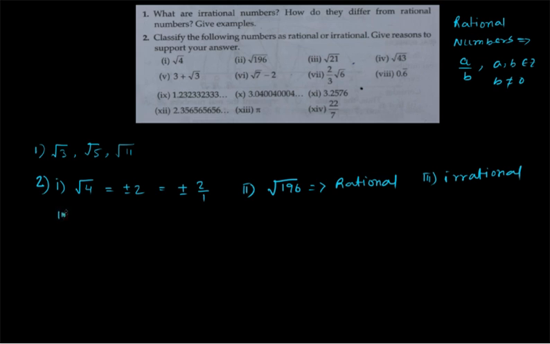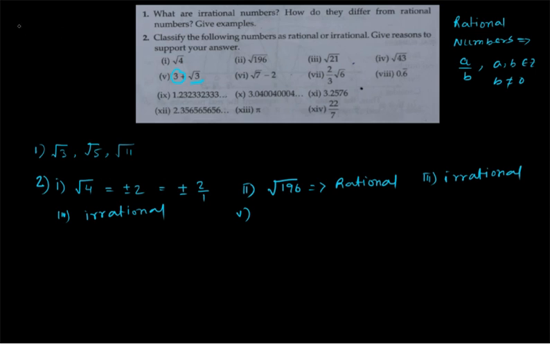The fourth one, under root 43, as 43 is not a perfect square, it's irrational. The fifth one, 3 plus root 3. Okay, this 3 is a rational number, but this root 3 is not a rational number.